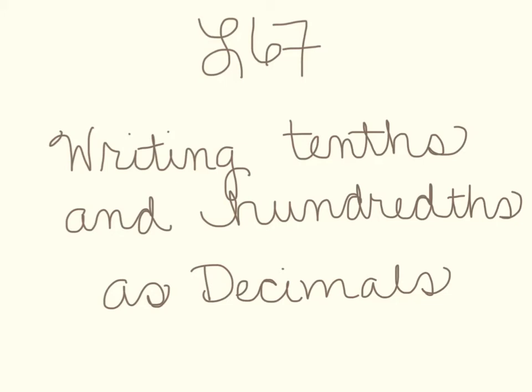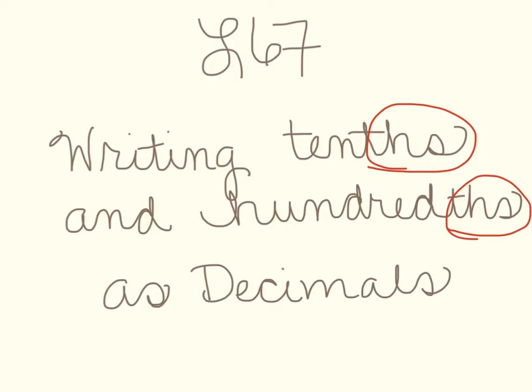Today's lesson is lesson 67, writing tenths and hundredths as decimals. As you are writing that in your book, I want you to think about it and look at it for just a minute. Something should stand out to you. What I'm hoping stood out to you was the "ths" and the "ths": tenths and hundredths.